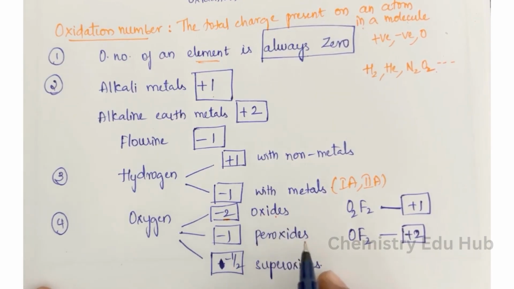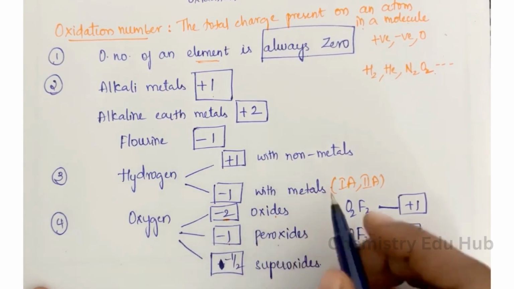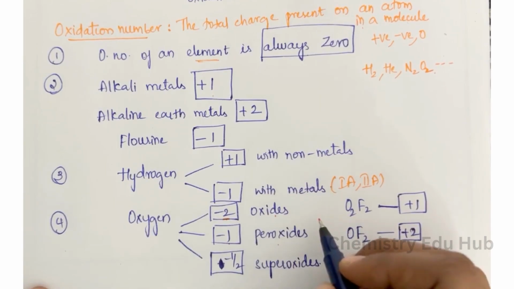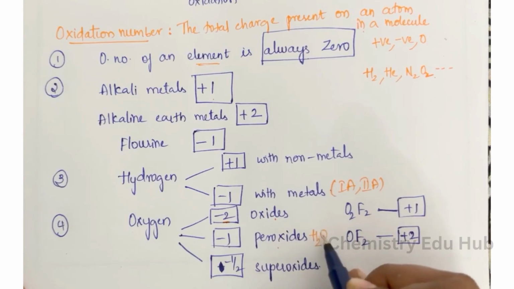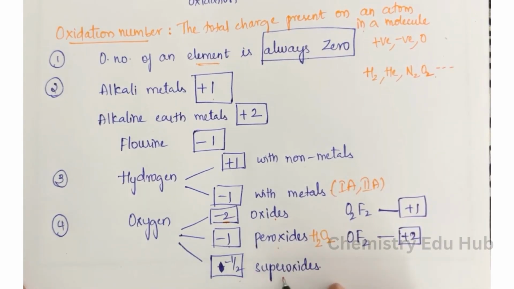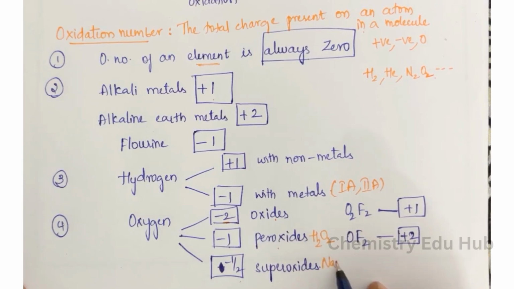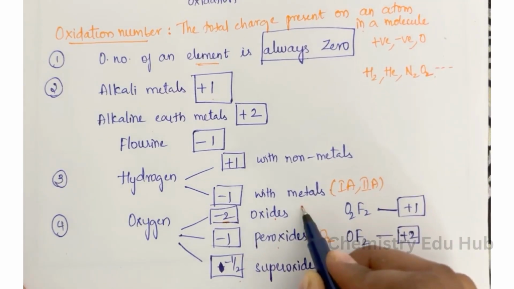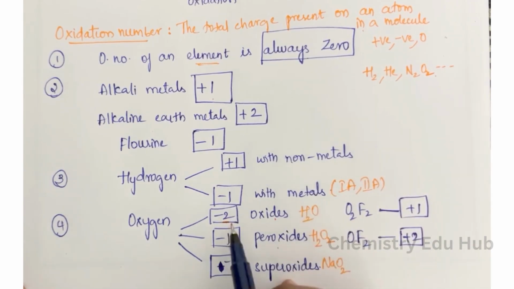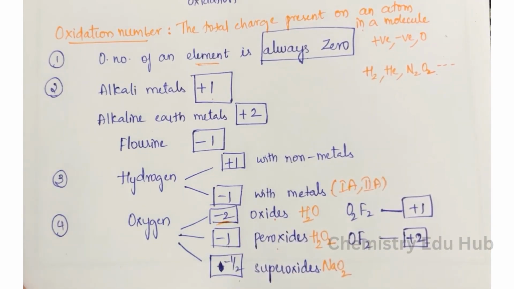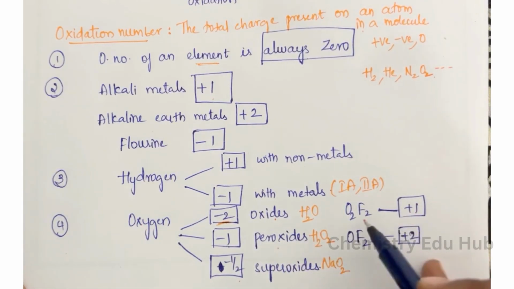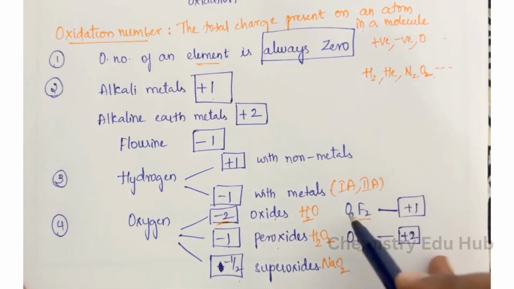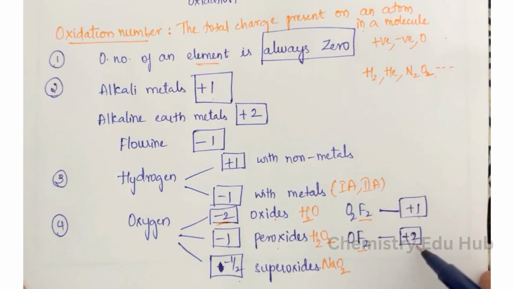But it can also show -1 in the peroxides like H2O2, and it shows -1/2 with the superoxides like NaO2. Apart from these, in all cases it shows -2 oxidation state. Oxygen will form positive oxidation state only in combination with fluorine. In O2F2 it shows +1, in OF2 it shows +2.